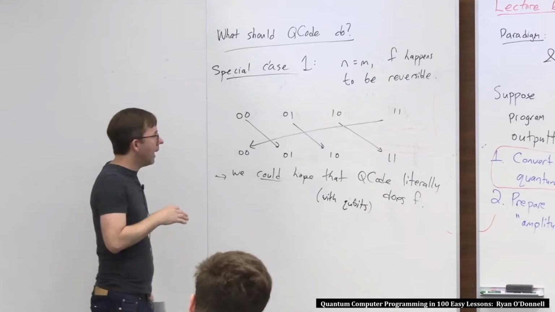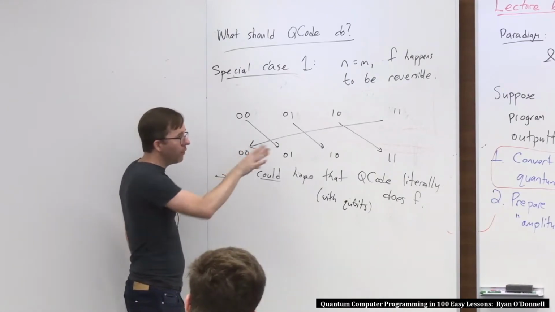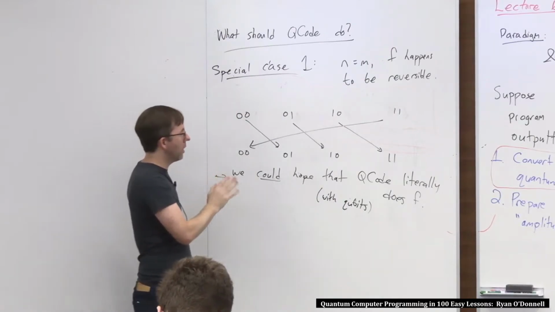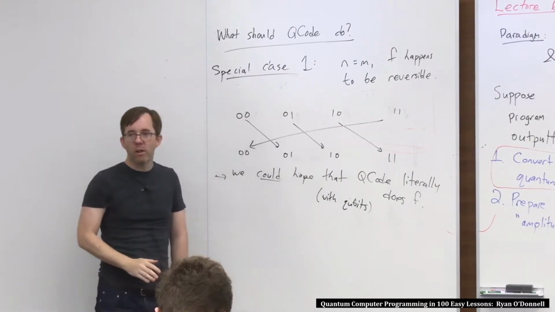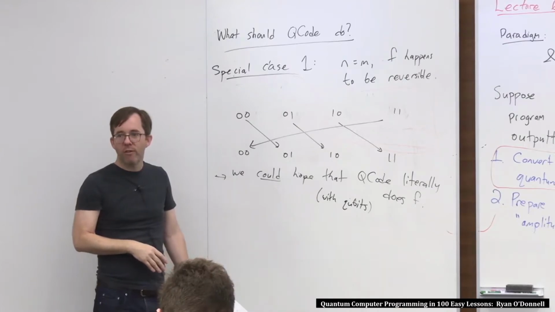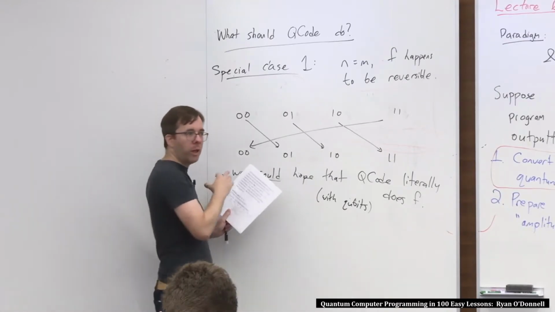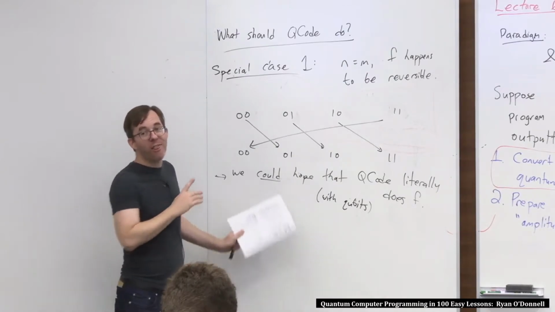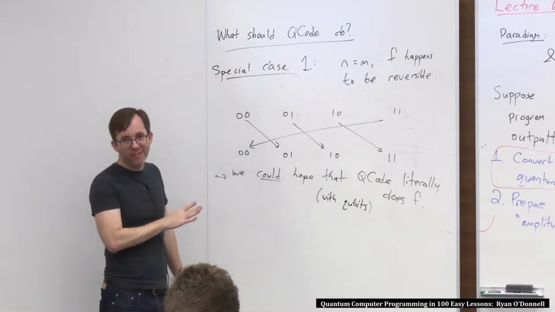So all I'm saying here is that even if you have classical code that does a reversible function f, it's maybe not obvious how to get quantum code that does that function f. But that's what we are going to require. And I'm telling you now, it's actually not that complicated. So we will do it.